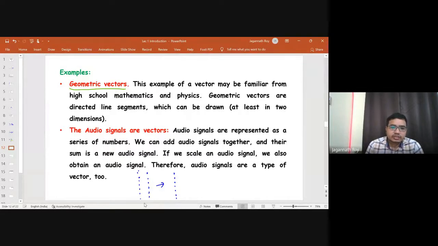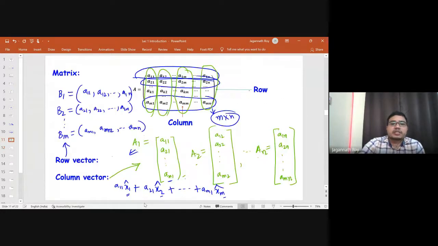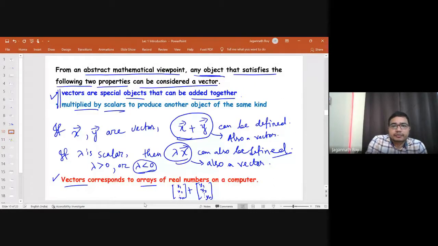So this can be treated as vectors. A11, A12, and so on. And the resultant can be C11, C12. If you consider them as vectors, then you can add them. Otherwise, not. Remember, vectors are any objects that can be added and can be multiplied.